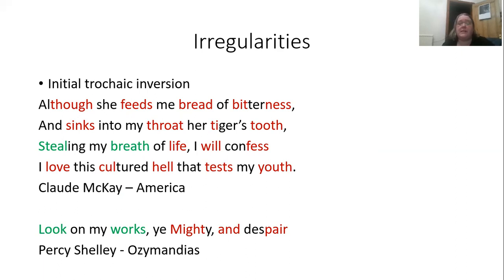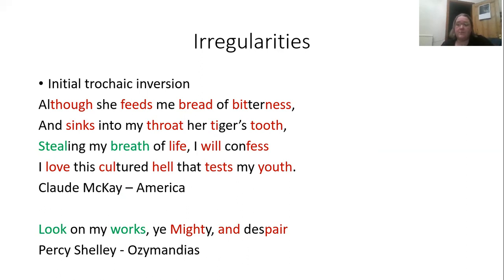So if you imagine this line is divided into its 5 feet, stealing my breath of life, I will confess. 4 of those feet have the regular iambic stress pattern, my breath of life, I will confess. But the first one, the initial one, is trochaic instead. So it's a trochaic inversion. The iambic is inverted into the trochaic. So stealing my breath of life, I will confess.